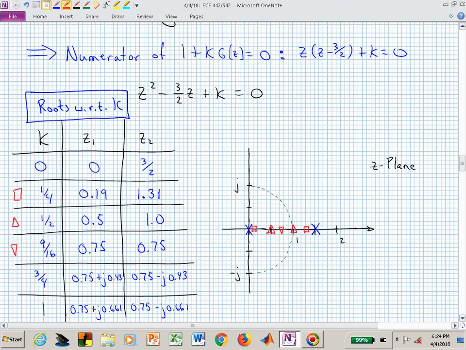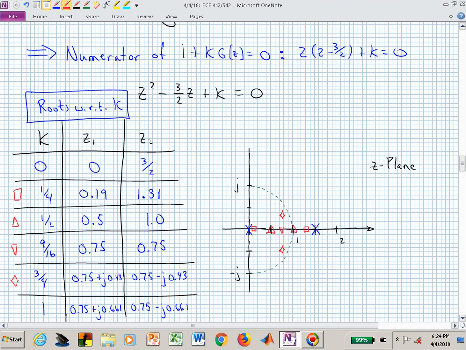I crank it up to 3/4, and now I am right there. Somewhere there, right? That should be on the vertical lines with a real part away from the origin of 0.75.